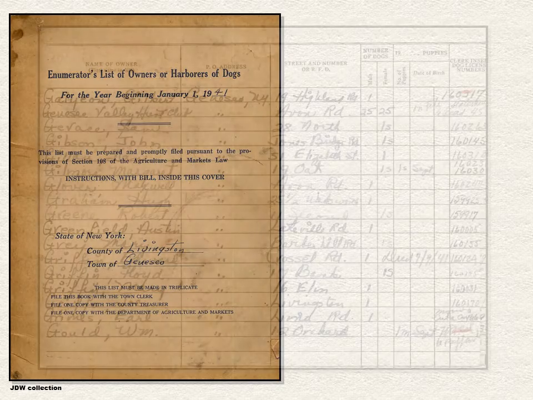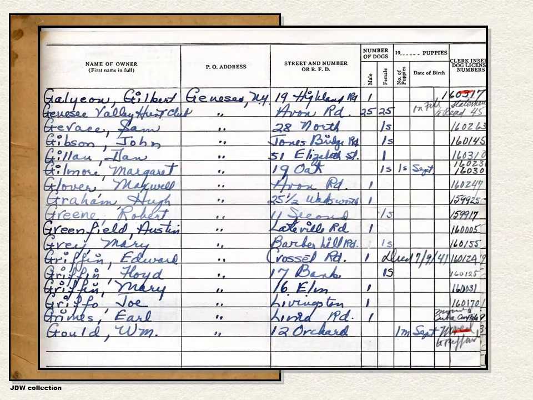I have in my collection here a census of dogs in New York State in 1941. Why would they census dogs? Well, the name of the owner, where they live, the number of dogs, is some sort of kennel or something there, and the license number.